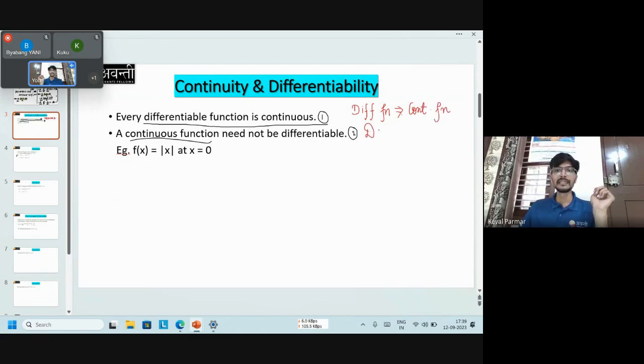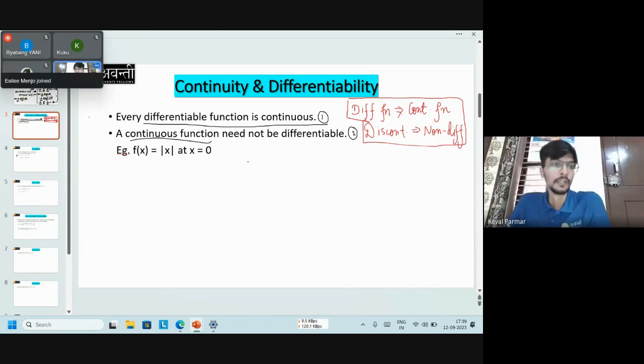And discontinuous function implies non-differentiable function. These two you need to remember. If the function is differentiable, it is continuous. But if the function is discontinuous, then the function is non-differentiable.